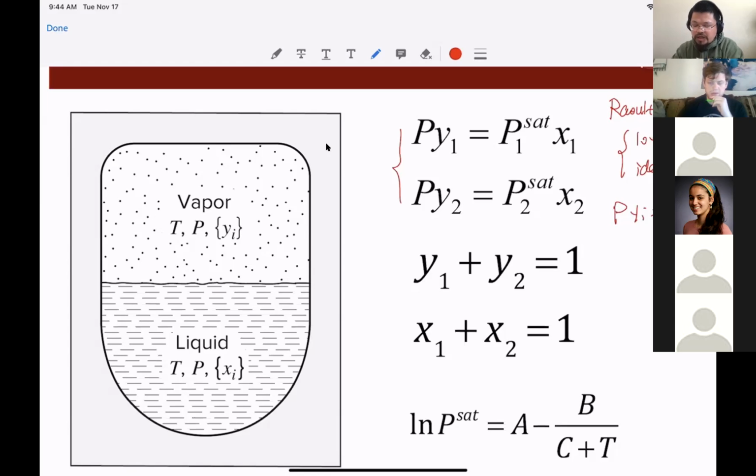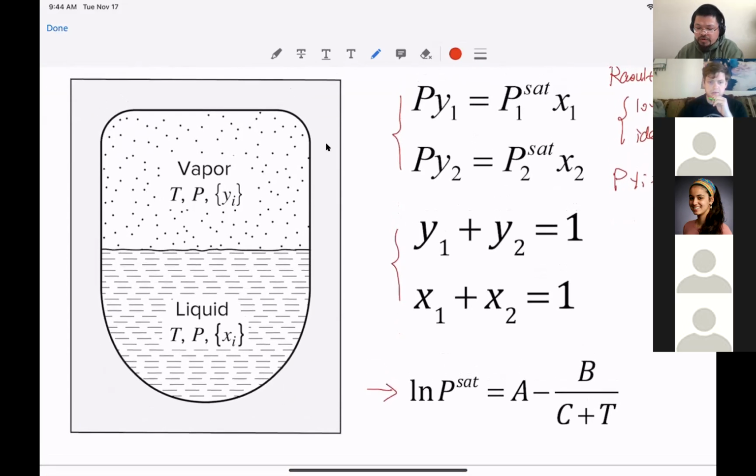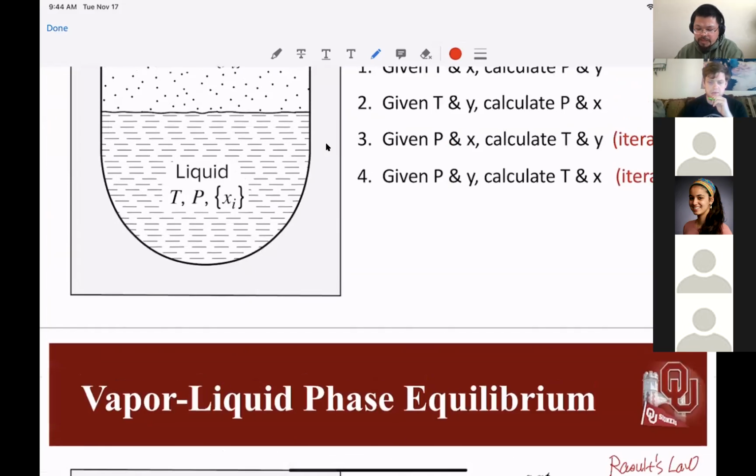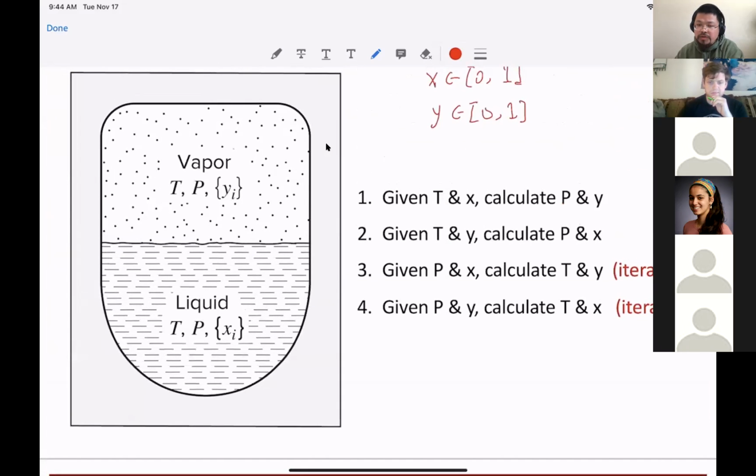Okay, then we write down the two equations for both components, and we shall have the other two equations available to us. And this is also a very useful equation, the Antoine equation, to calculate the saturation pressure with a known temperature value.